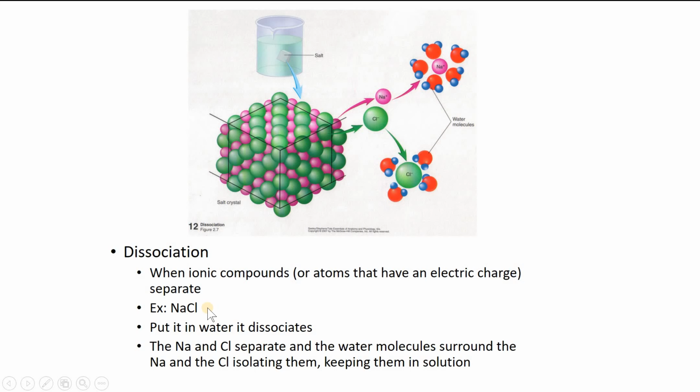One of the reasons it's a weak bond, and when ionic compounds or the atoms that have an electrical charge separate, this is also going to allow for it to dissolve. So when this takes place, we get it dissolving in water, and that happens because of dissociation.